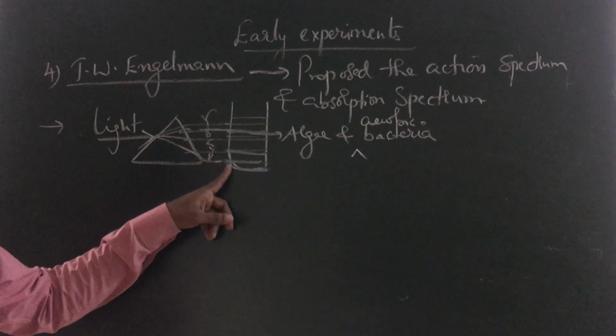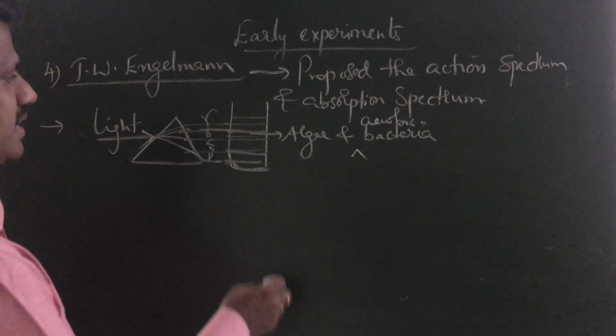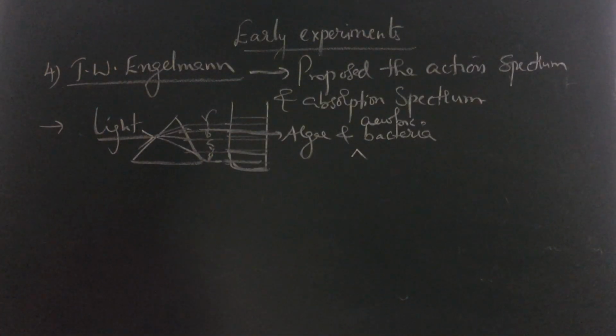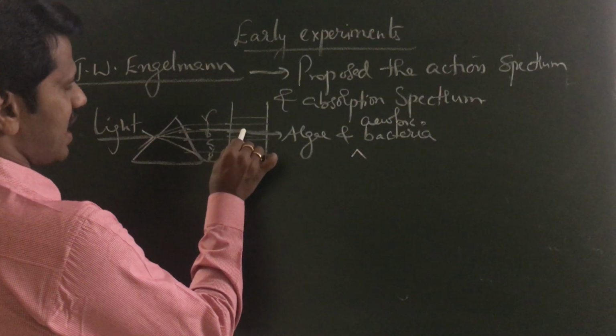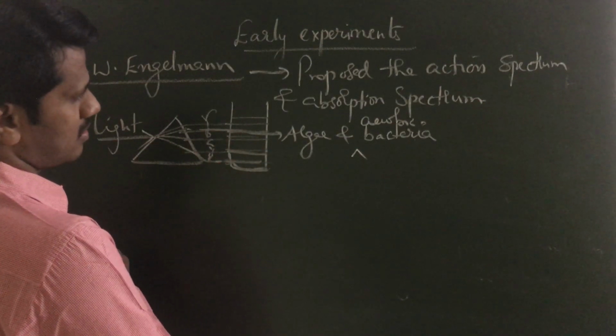At that particular wavelength, photosynthesis takes place. So the algae will absorb the light at blue and red.